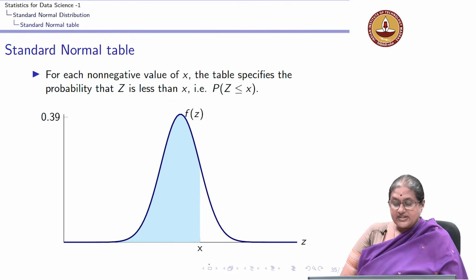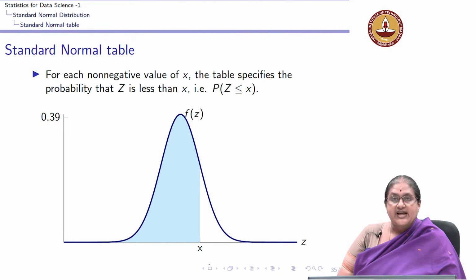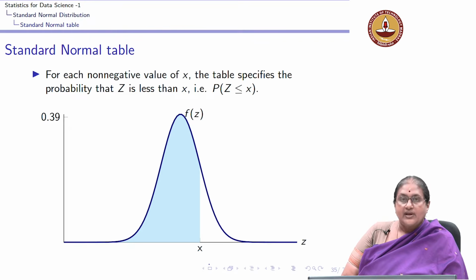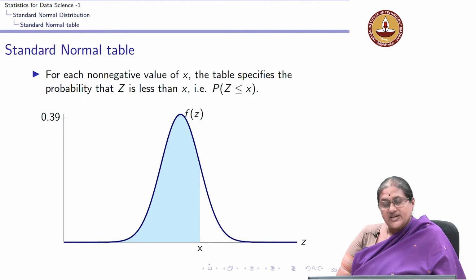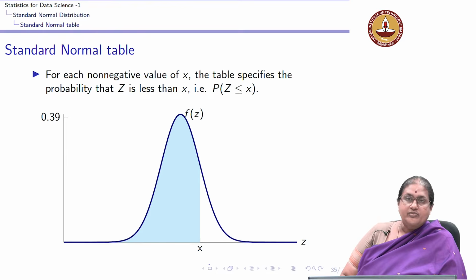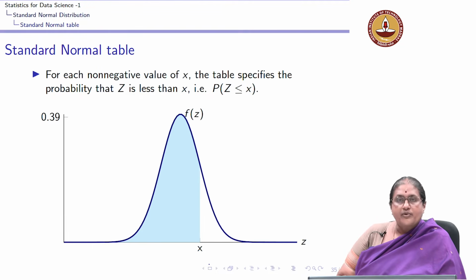Next is what we refer to as a standard normal table. What is a standard normal table? In the earlier days with less computing power, we had to tabulate these probabilities, and the normal probabilities were tabulated in an efficient way. One such table is referred to as a standard normal table.